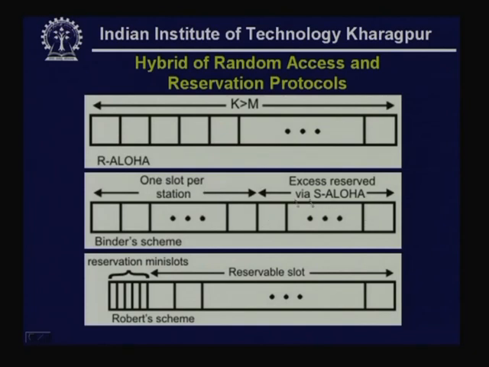That means this part is acquired by contention based techniques. This is Binder's scheme, and in Roberts scheme, as we know, a separate slot known as the reservation slot is used for the purpose of performing reservation, and then data can be sent in different slots.